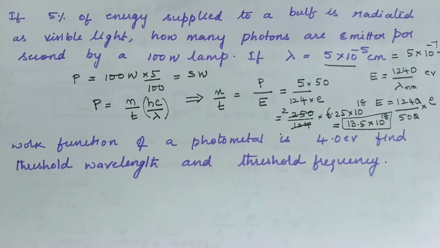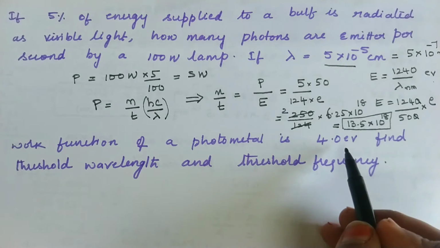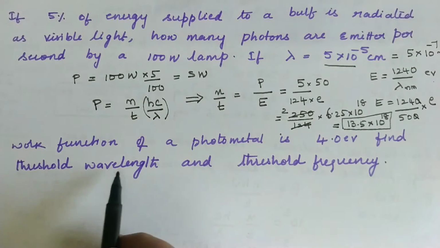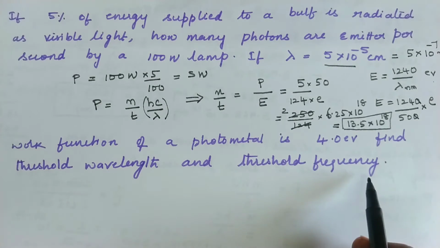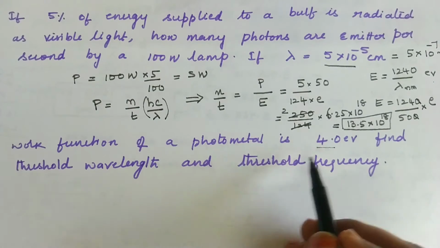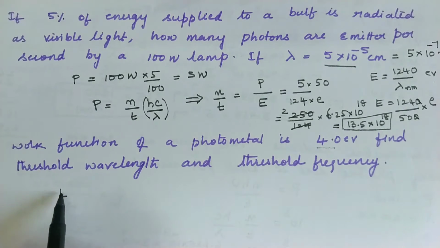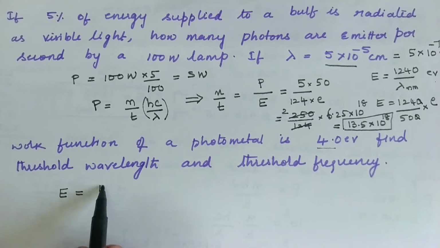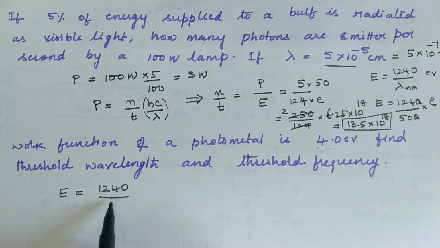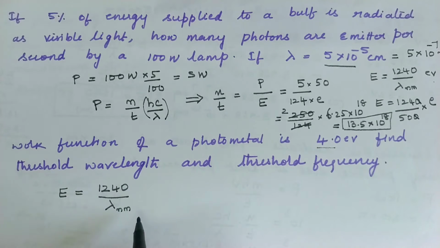Okay, look at the next question. The work function of a photometal is 4 electron volts. Find the threshold wavelength and threshold frequency. Whenever you have energy in electron volts, energy is equal to 1240 by lambda in nanometer. I have given you a number of questions based on this formula because it is quite helpful in reducing the calculations.